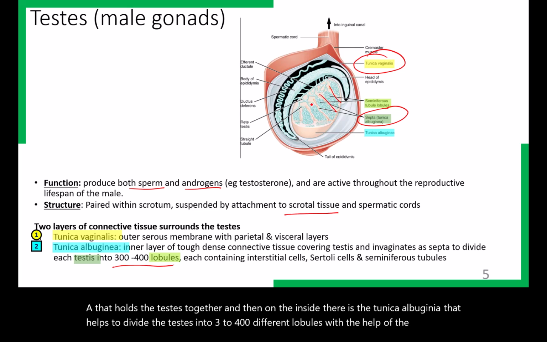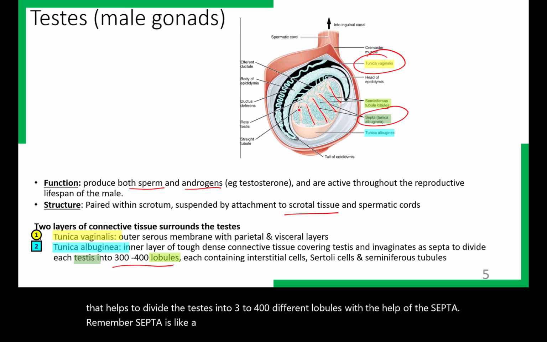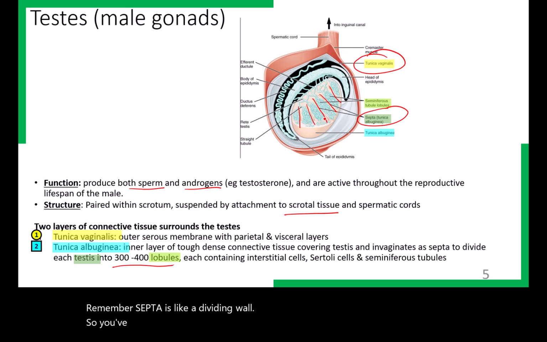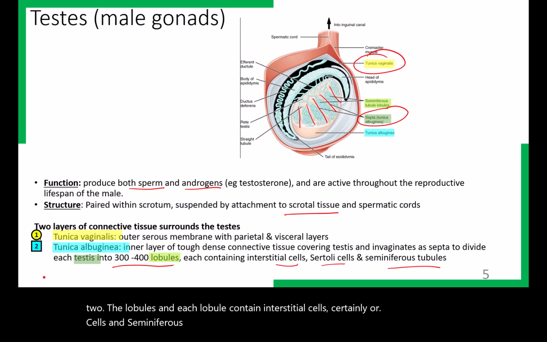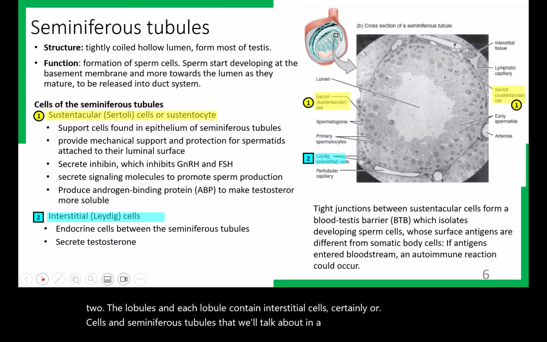Remember, septa is like a dividing wall. So you've got these septa within the testes, and within each of them, you've got the lobules, and each lobule contains interstitial cells, Sertoli or sustentacular cells, and seminiferous tubules that we'll talk about in a bit.